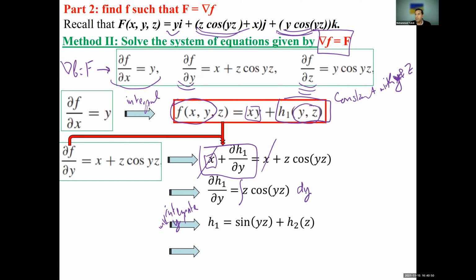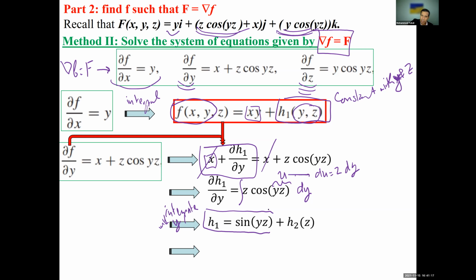Z is a constant, so we use the change of variable u equals yz, so this is du. Du equals z dy, which works perfectly. So we have h1 equals sine of yz.